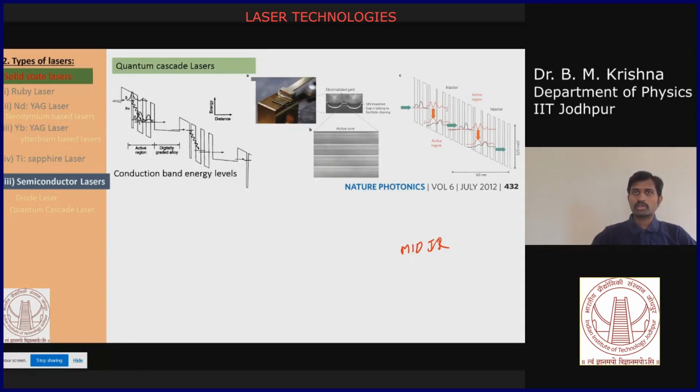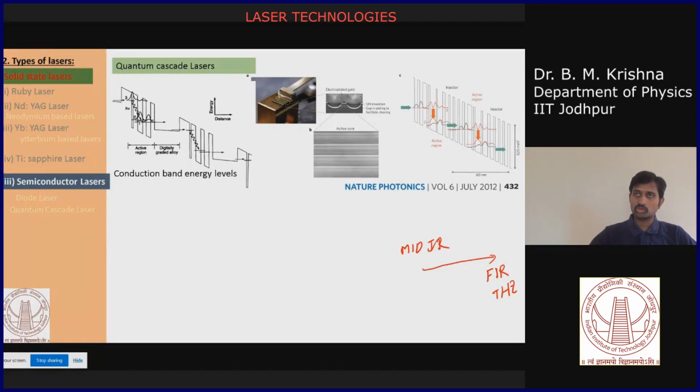So the quantum cascade laser took the advantage of designing your band gap. So these are sub-band gaps. These cover from mid-IR to far IR. Also it covers terahertz wavelengths. So these quantum cascade lasers are famous for mid-IR to terahertz wavelength ranges.